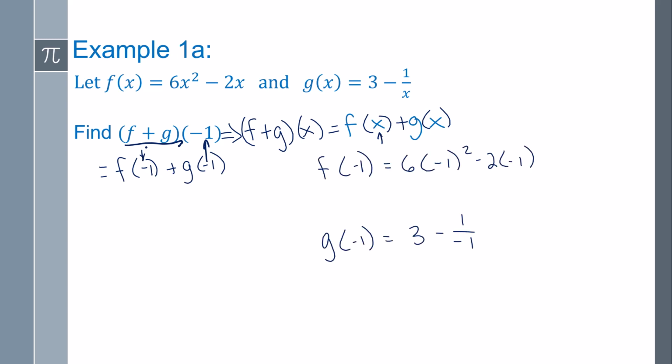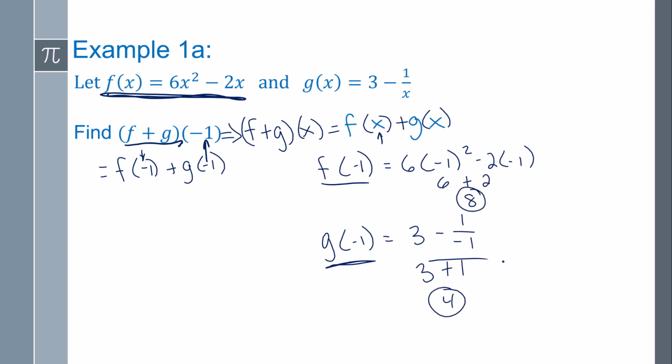To find what f of -1 is, I take -1 and plug it into my function up here: 6 times -1 squared minus 2 times -1, and then find g of -1, 3 minus 1 over -1. Doing each of those separately, entering our calculator, simplifying it, you get 8 and 4. So f of -1 is 8, g of -1 is 4, 8 plus 4, you get 12.